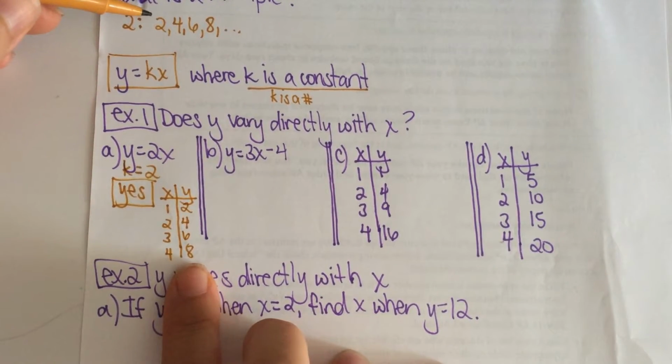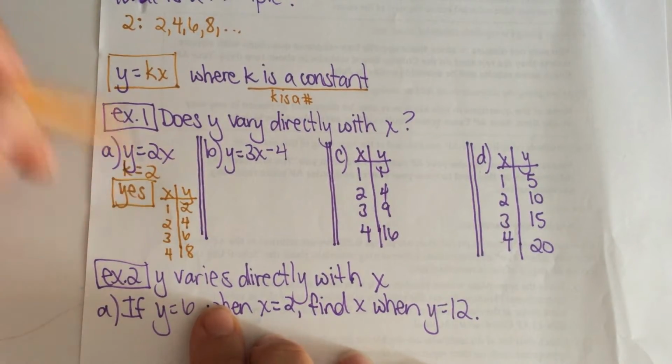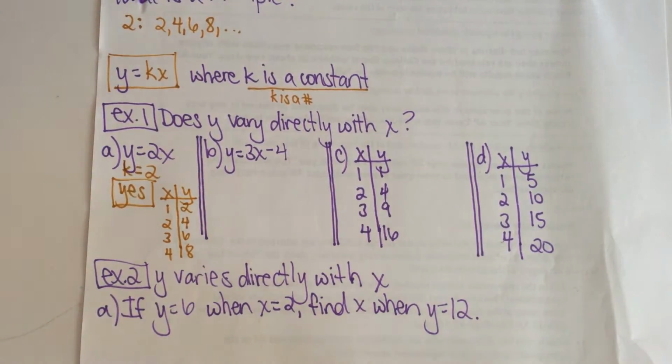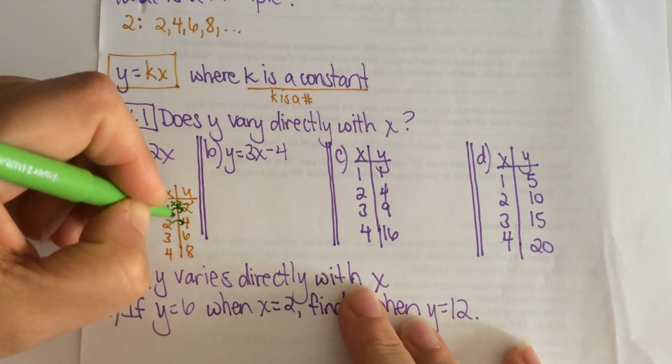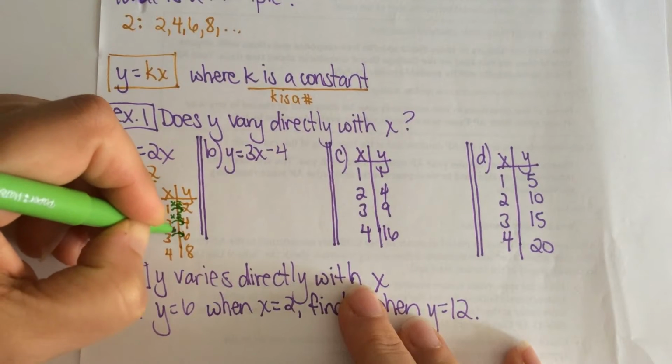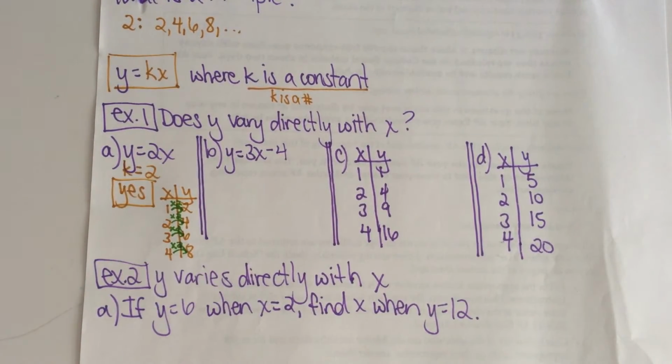Well, this is my exact example from up here. y is just a multiple of x. So another way of looking at that is to show this times 2, times 2. Sorry, I don't know if you guys can read that. I'm just drawing a little arrow and writing a times 2 to show that that's the pattern that's happening. So that's another reason why it's yes, okay?